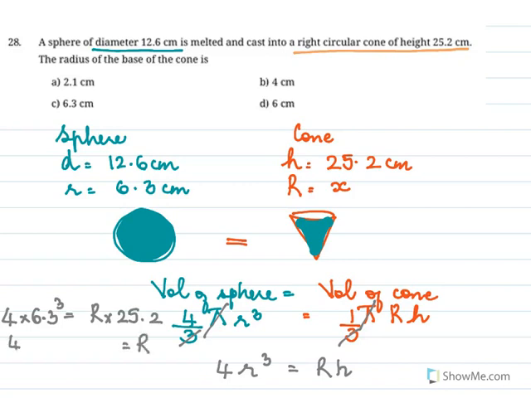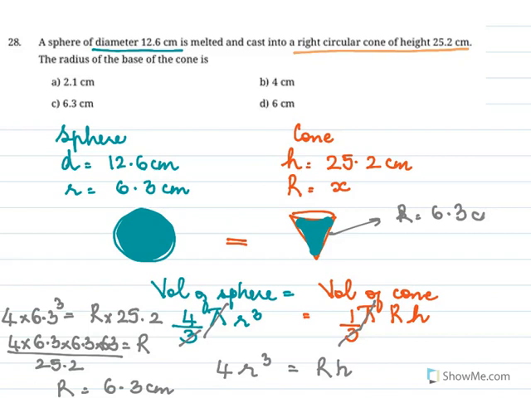Therefore your R square will be 4 into 6.3 into 6.3 into 6.3 over 25.2. So in this case, when you cancel it, you get the radius as 6.3 centimeter. So the cone has a radius of 6.3 centimeter.